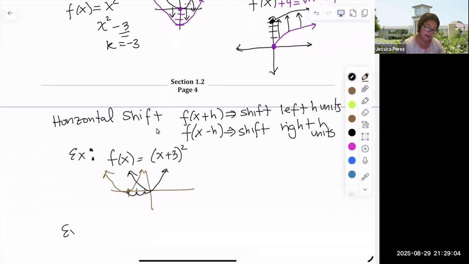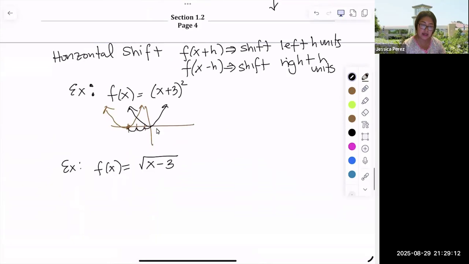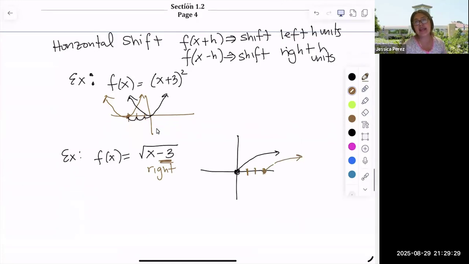Now, another example: if you have f of x equal to the square root of x minus 3, now instead of starting here at 0, 0, you're going to shift to the right 1, 2, 3. All of your x values will shift to the right side, h units.